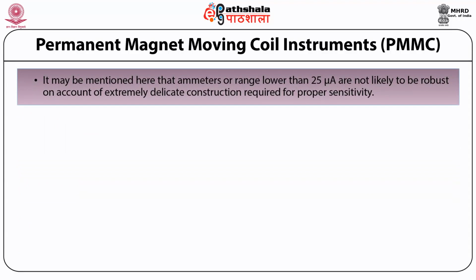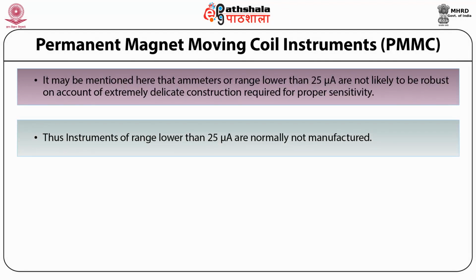It may be mentioned here that ammeters of range lower than 25 microamperes are not likely to be robust, on account of the extremely delicate construction required for proper sensitivity. Thus, instruments of range lower than 25 microamperes are normally not manufactured.